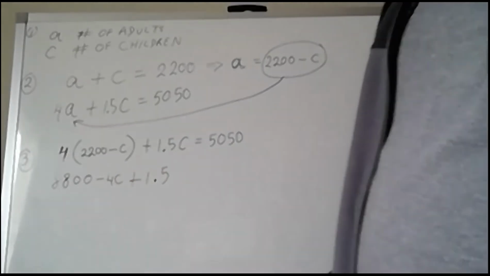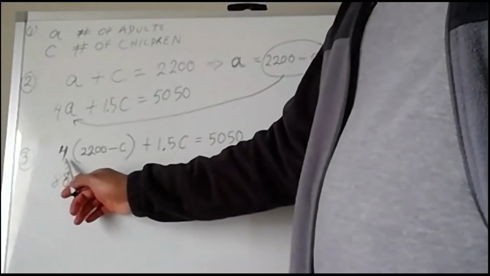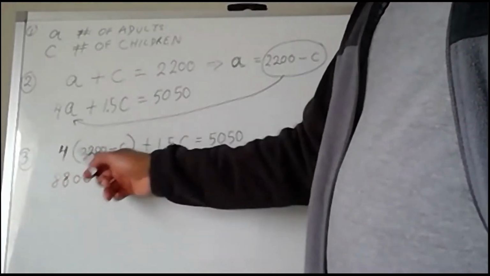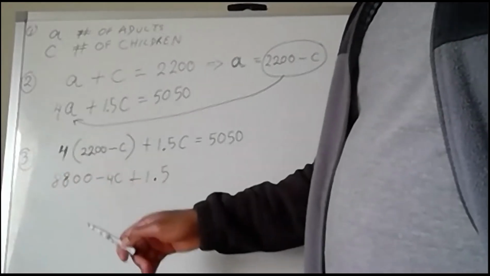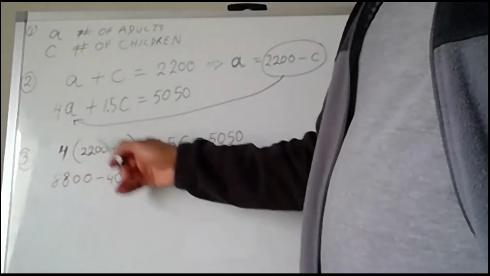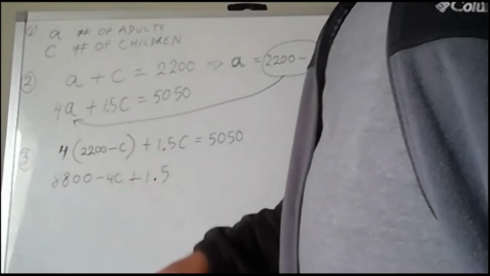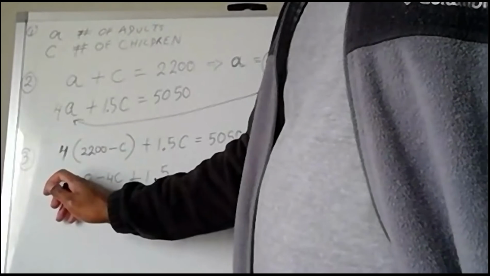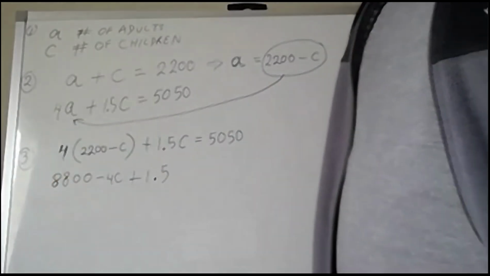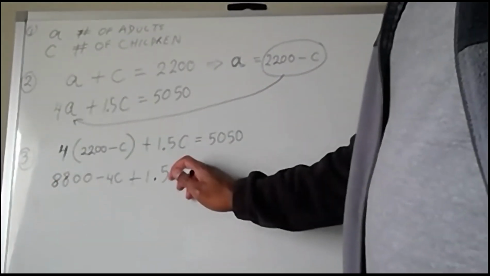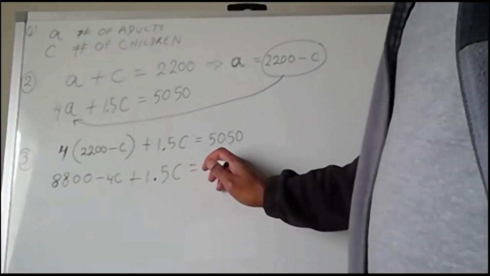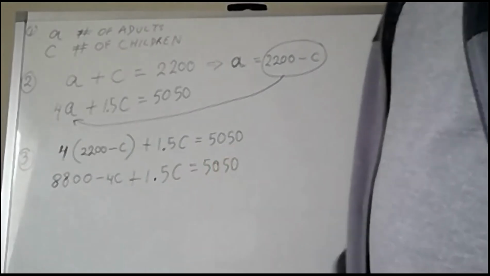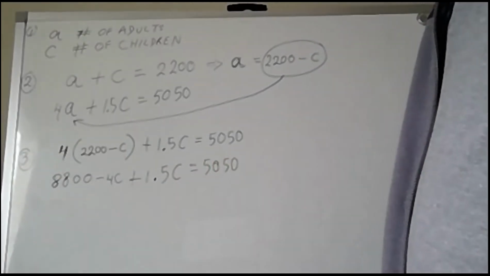Just remember that whenever you see a number like this, 4, to the left of things inside parentheses, you have to multiply the number outside by the numbers inside. That's the distributive property. So we have 8,800 minus 4C plus 1.5C is equal to $5,050. We're getting closer.